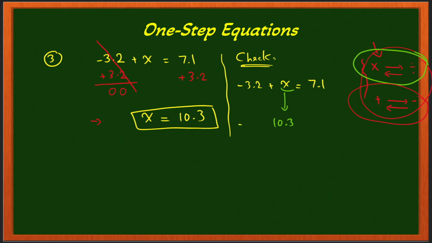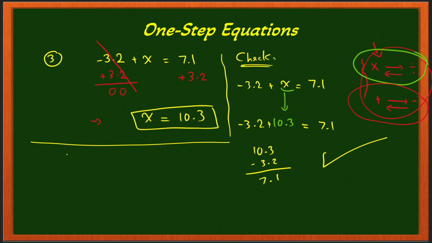So we're going to solve this statement here. 10.3 plus negative 3.2. Alright? Or another way, we could line it up as 10.3 minus 3.2. What's that going to be equal to? Did we get the same answer? So our answer is correct.